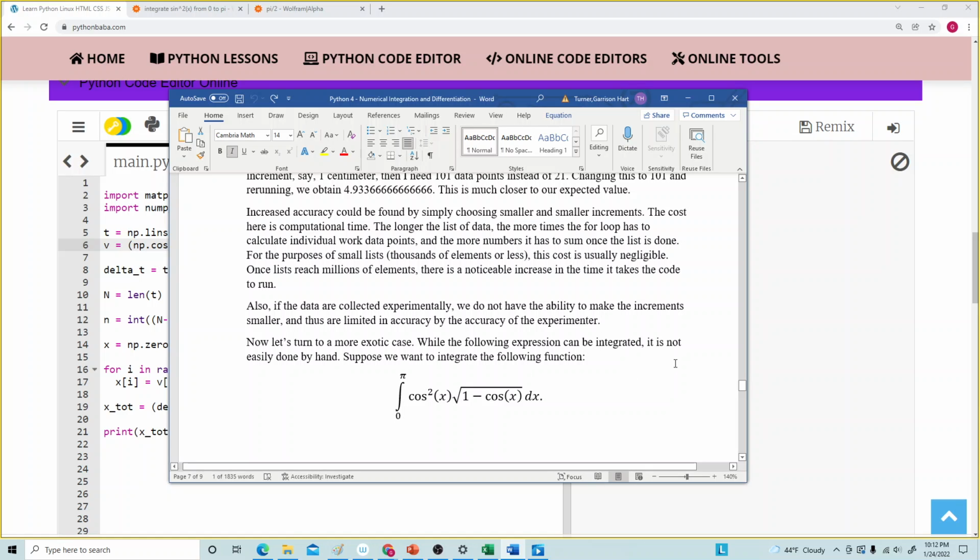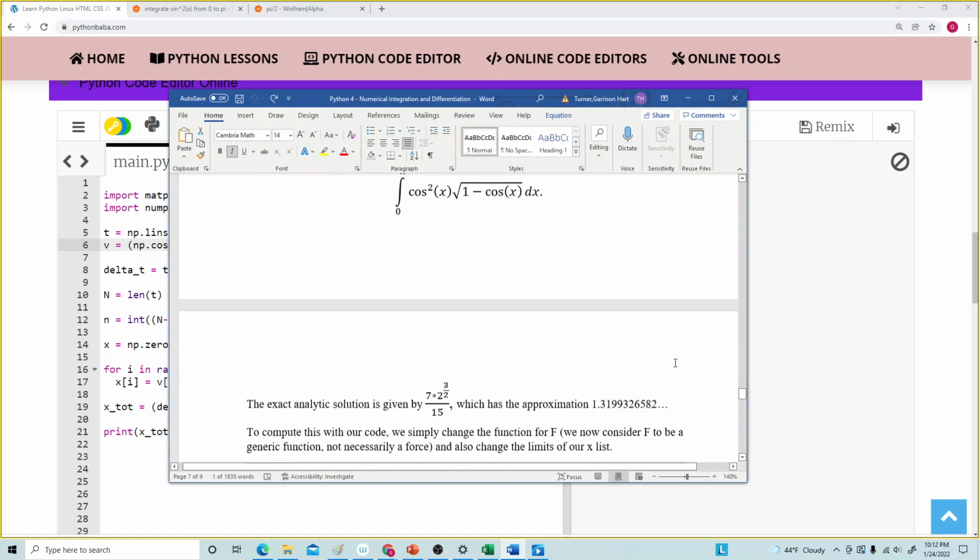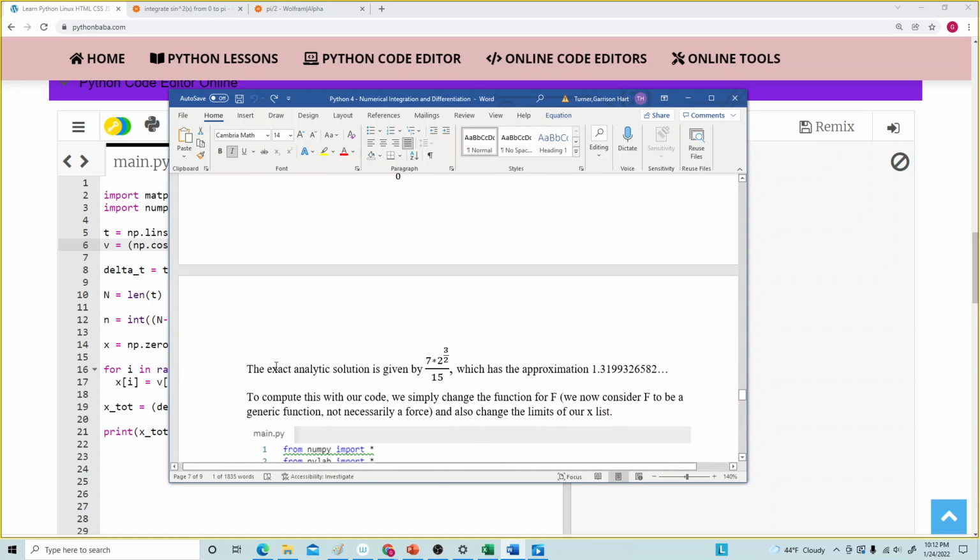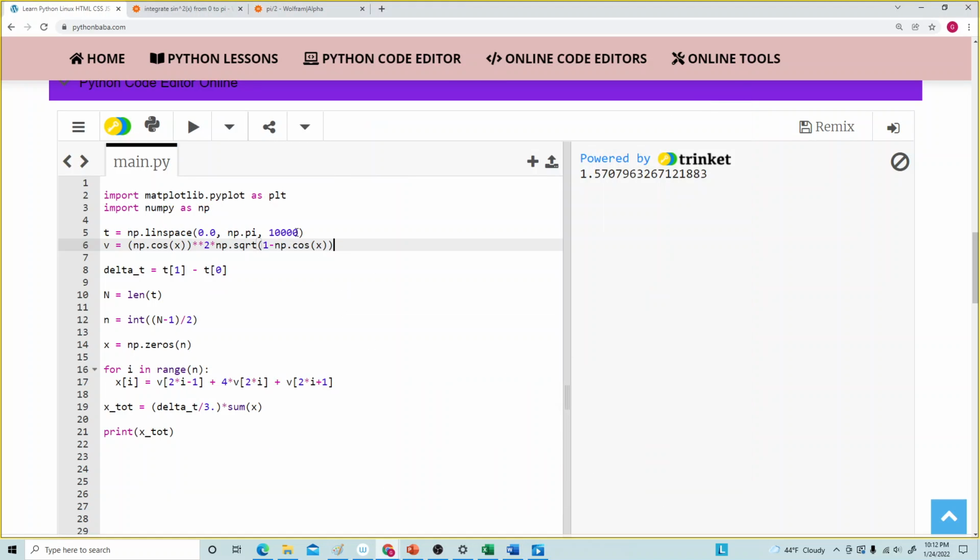And the reason I like this example is because it does have an analytic solution. 7 times 2 to the 3 halves, all divided by 15. Now, the analytic solution is 1.3199326 when you put it in a decimal form. Okay. And if I, again, back this down to just 10 data points, what happens?